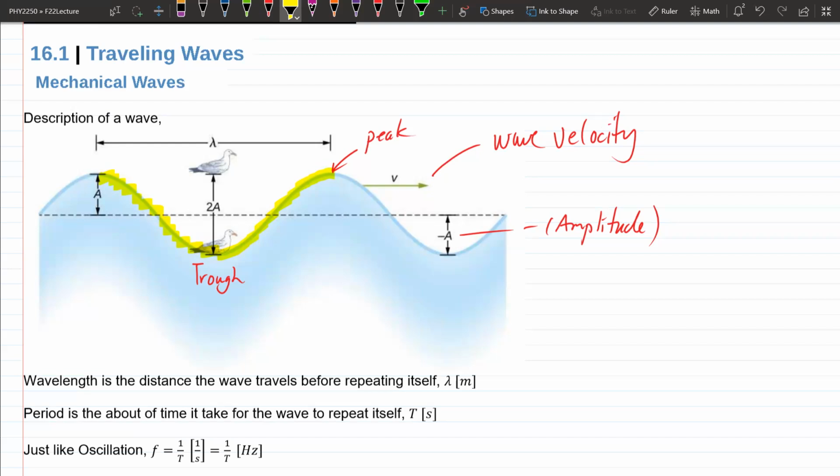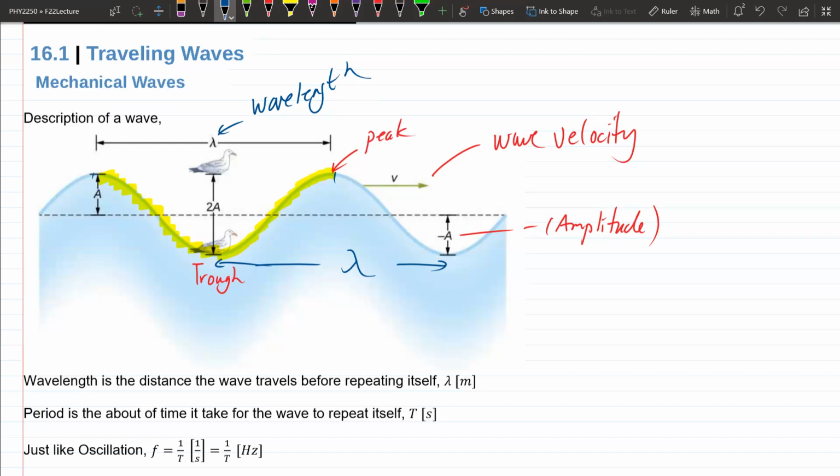And the distance between the peaks tells you what the wavelength is. You can measure this not just at the peak, but also at the trough. This distance at the trough is the same length, right? So the wavelength tells you either the distance between the peaks or the distance between the troughs.